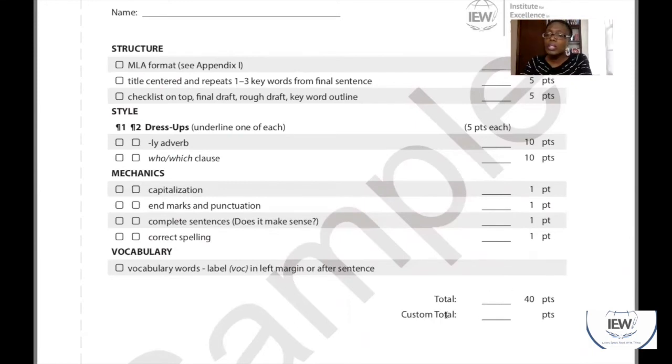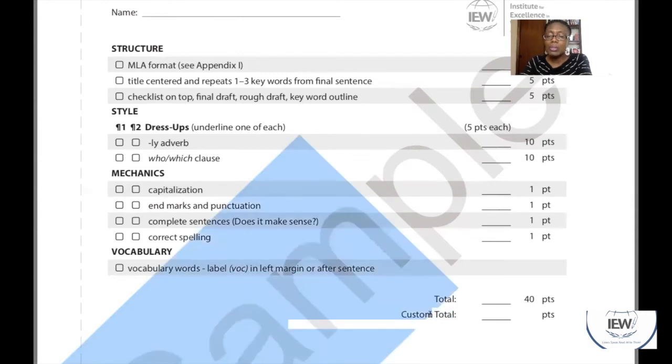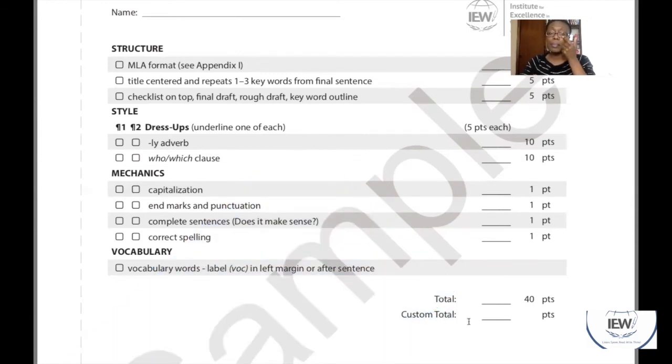Or if you want to use the custom total, which is down here, the custom total would allow you to add a point value for vocabulary and then a final value for total points. And based on the average, that would give your student an objective grade for their paper.